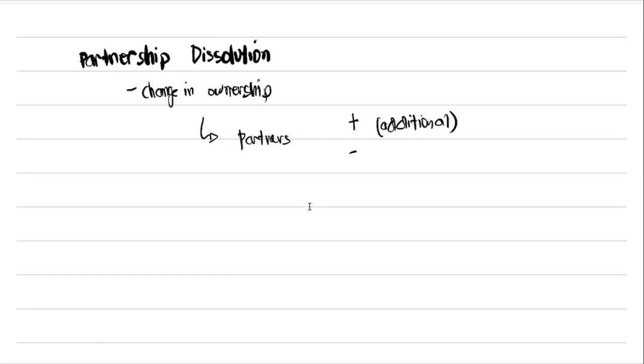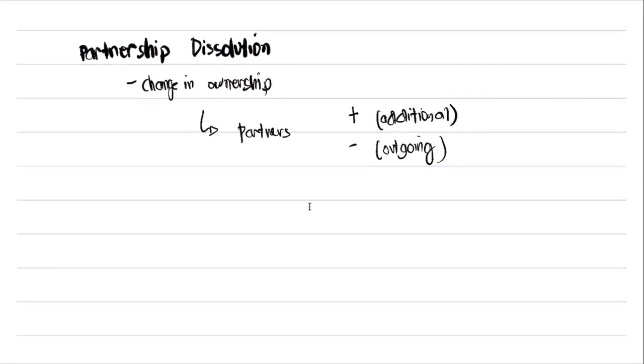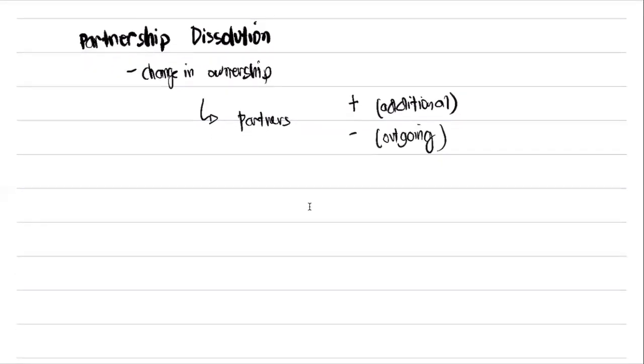So, in your partnership dissolution, in your change in ownership from your partners, you have either an additional partner or an outgoing partner.